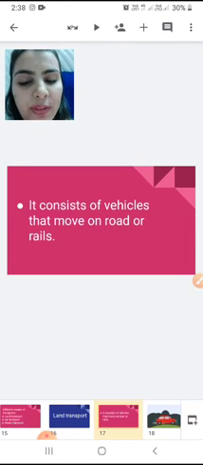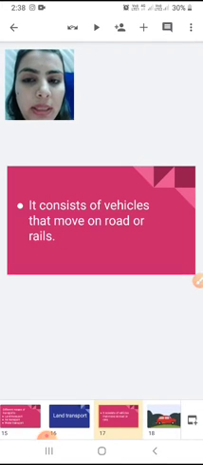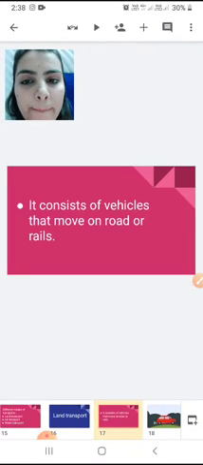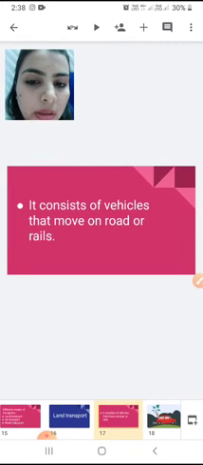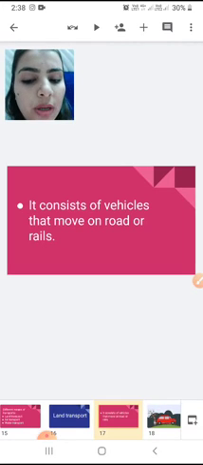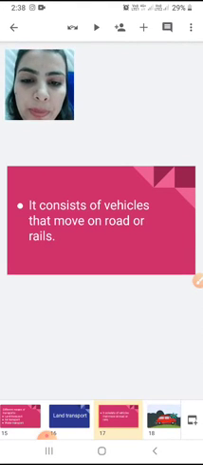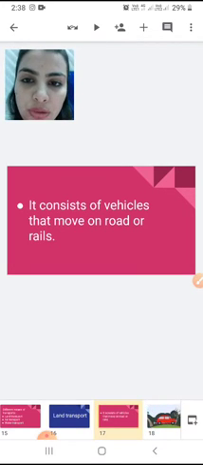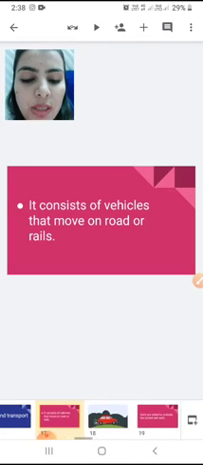Land transport consists of the vehicles that move on roads and rails. All the vehicles that run on the land are called land transport.